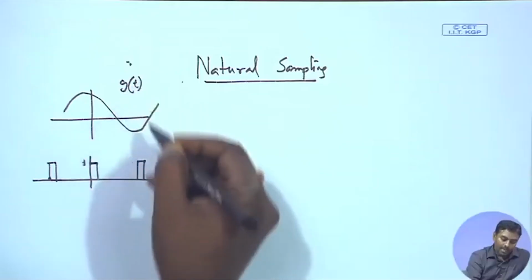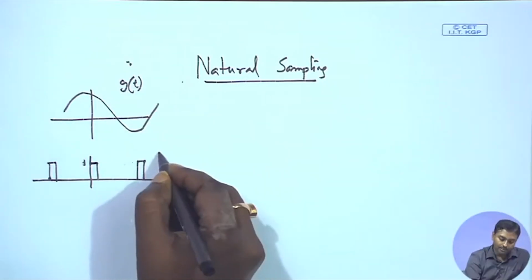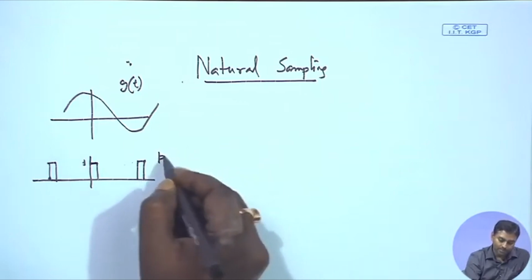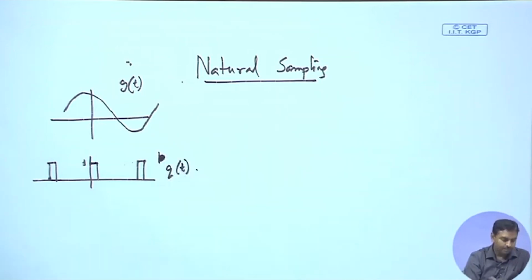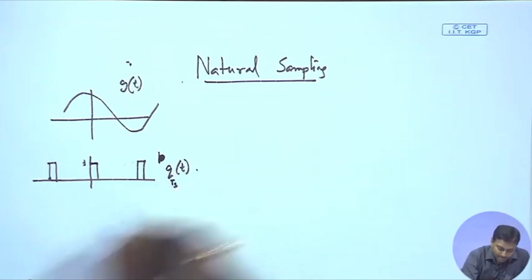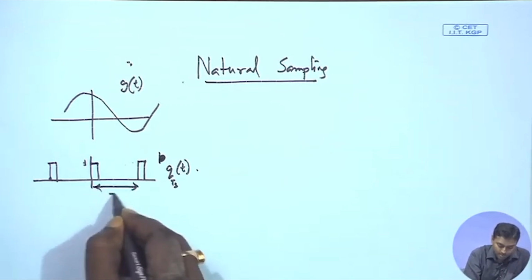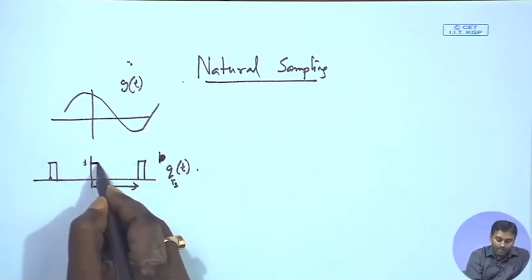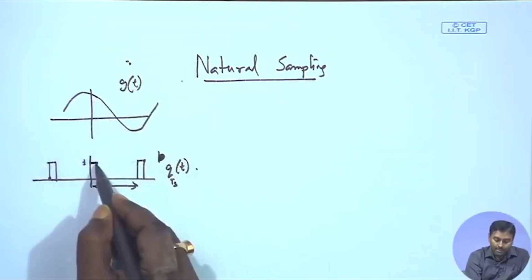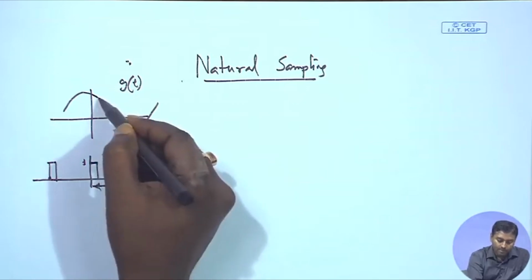Here, this g t I will actually multiply with the pulse train. Let us say that is q t, or let us say q t s t, because this is the T s. I will be multiplying it. Wherever it is 1, it will be followed, because it will be multiplied by 1.